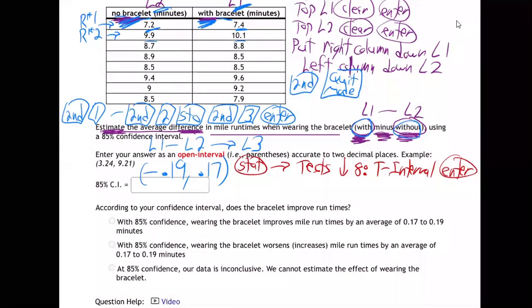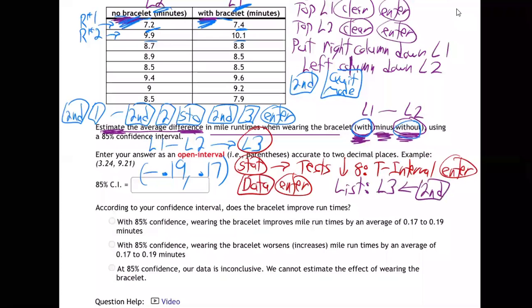It's not 2-sample because all of our data is now in L3. We just have that one group of data, L3. So you choose Data, because we put in data, and hit enter. Then you'll have your information. The list has to be L3.